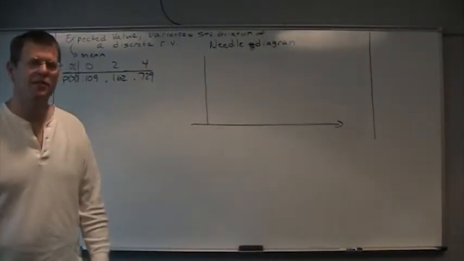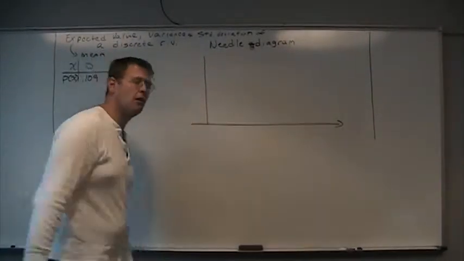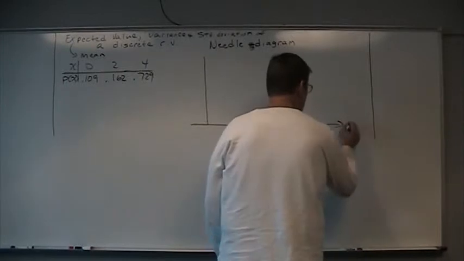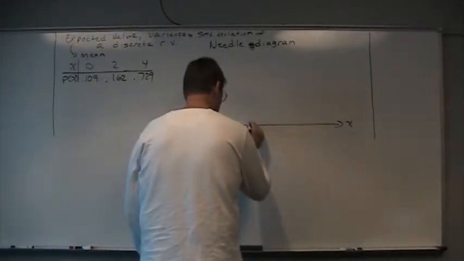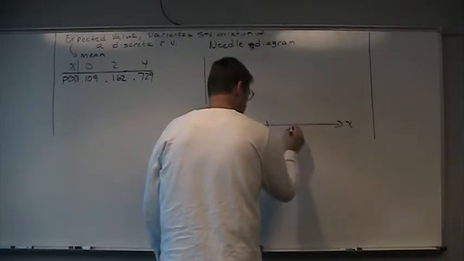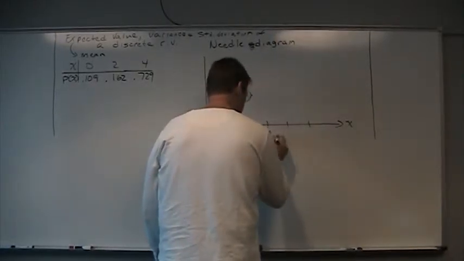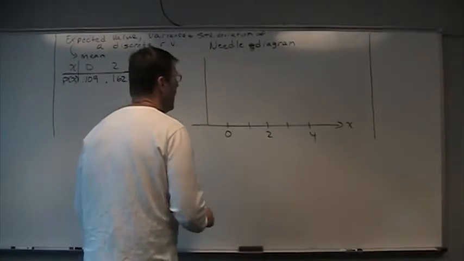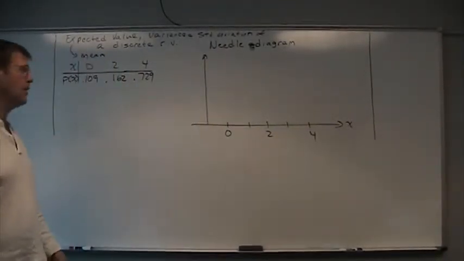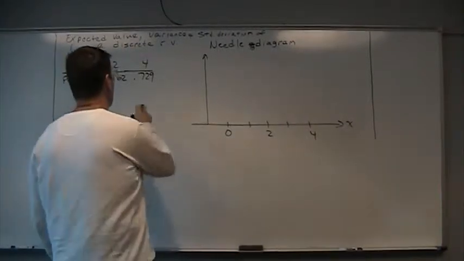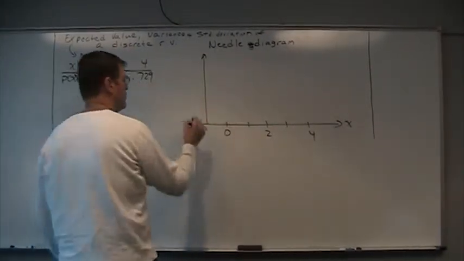I recognize the origin is supposed to be at 0 here on the x-axis, but for the purpose of seeing this, I'm actually going to move 0 over here so it's easier to read. There's 2, there's 4. On the vertical axis, what we're going to do is put probabilities. So the highest probability we've got is 0.729.